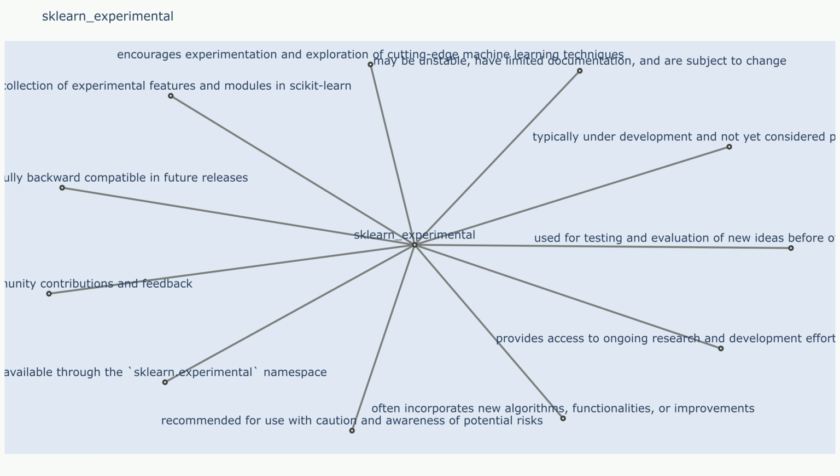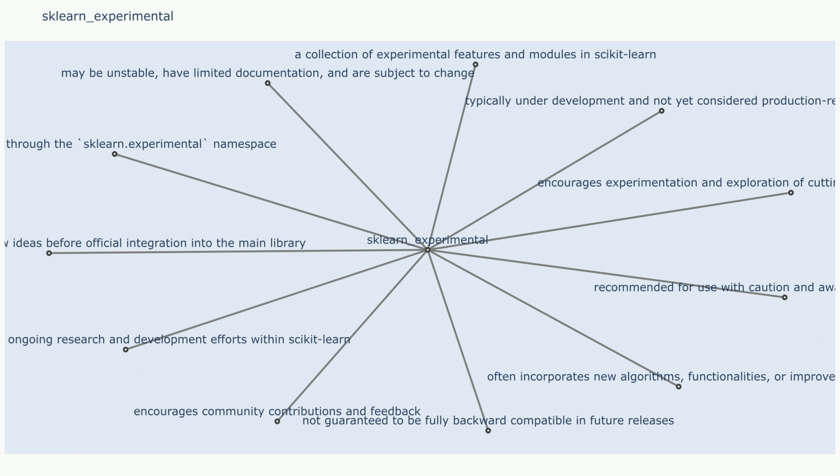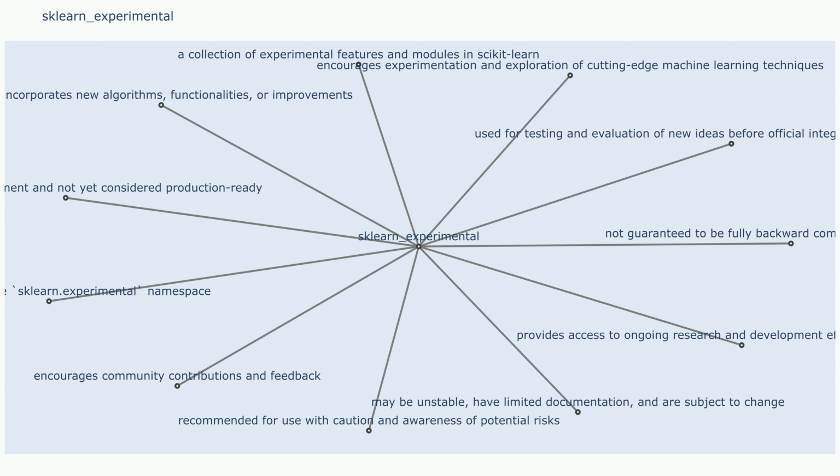Python. From sklearn.experimental import enable_halving_search_cv. From sklearn.model_selection import HalvingGridSearchCV. From sklearn.datasets import load_iris. From sklearn.linear_model import LogisticRegression. From sklearn.model_selection import train_test_split. Load the dataset. iris = load_iris. X = iris.data. y = iris.target.